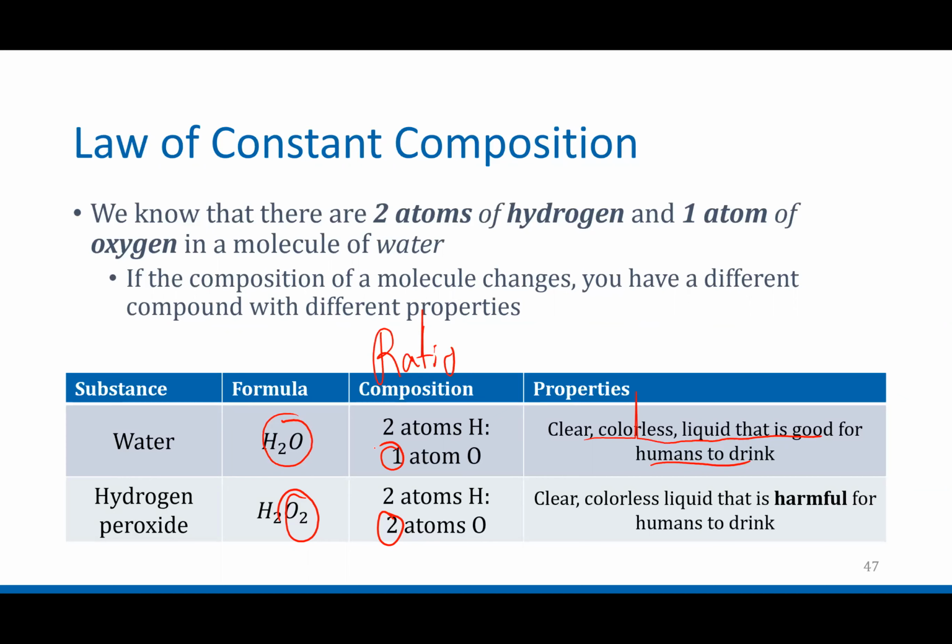Every atom of hydrogen we have another atom of oxygen. Well, this chemical is completely harmful for humans to drink. If you drink hydrogen peroxide, you could die depending on the concentration and how much you drink, how strong it is, I mean. So really, really important.